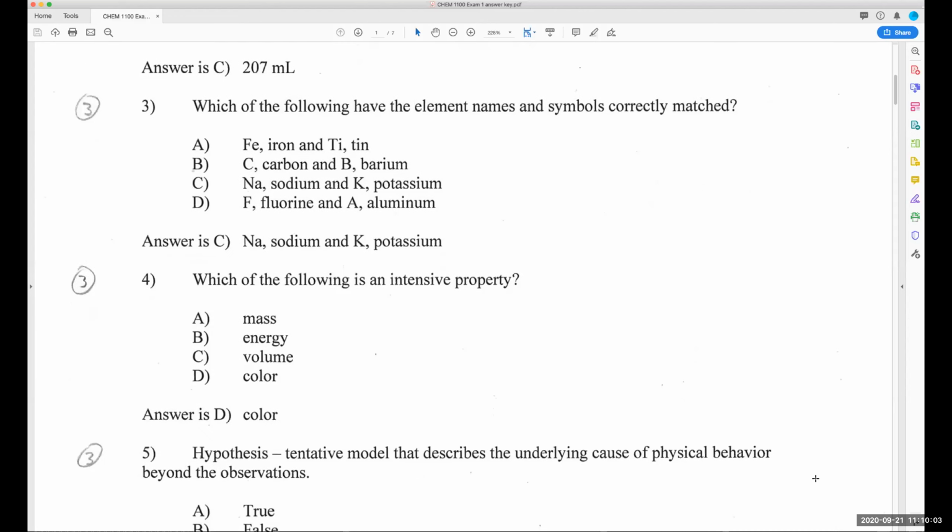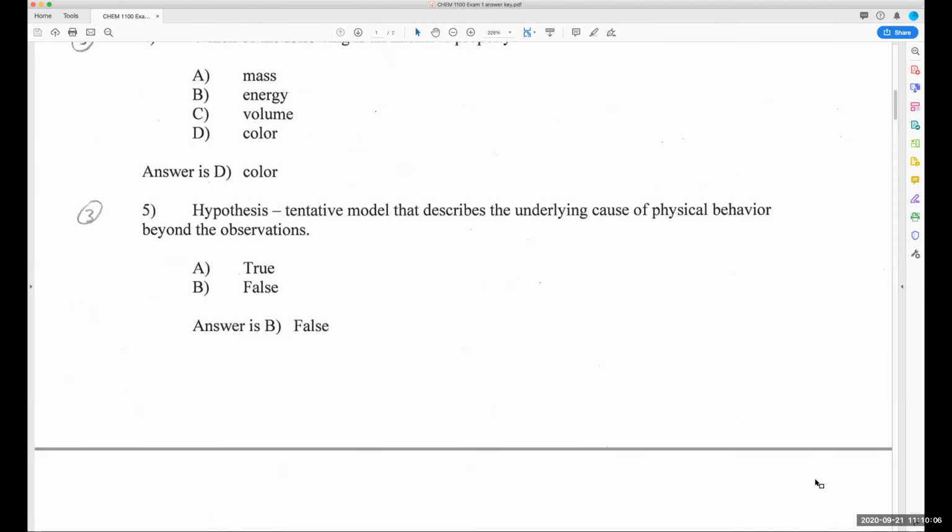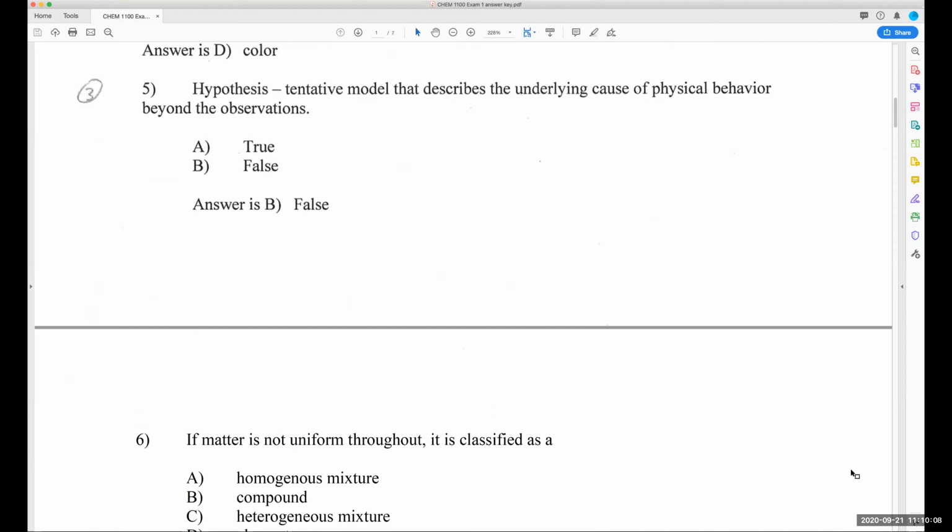Scroll up here. That was a true false. That is false because remember the hypothesis isn't after you have more information.